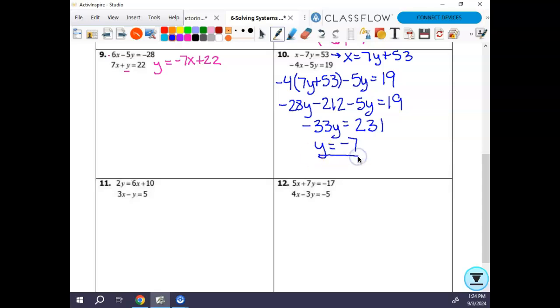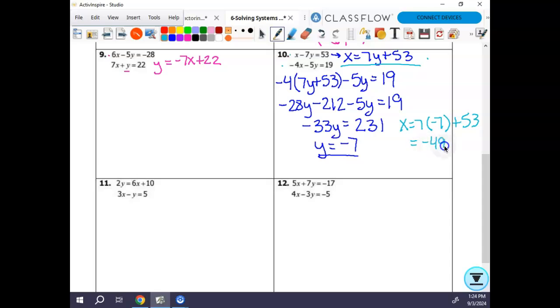Now, because I can substitute this back into either one of these, I can actually also use this one. You can use any of what you have before you substitute. So you have 2 variables. So if you want to use this one instead of one of those, you can totally do that, and we can get x is equal to 7 times negative 7 plus 53. What's 7 times a negative 7?